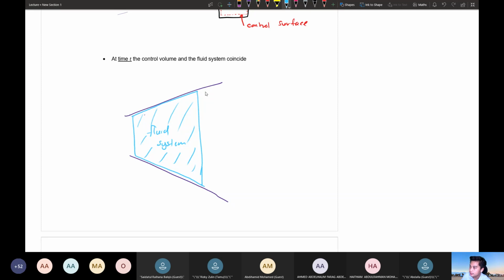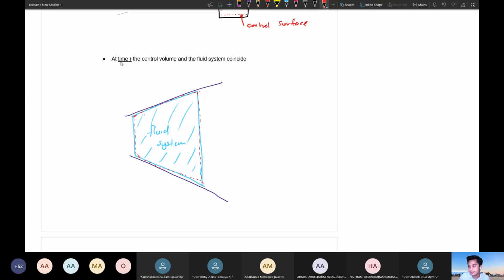Okay, so from here we can also coincide with the control volume. You can see it is at the same position at initial time, at t equal to 1.